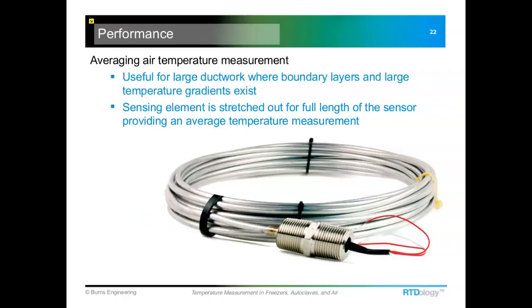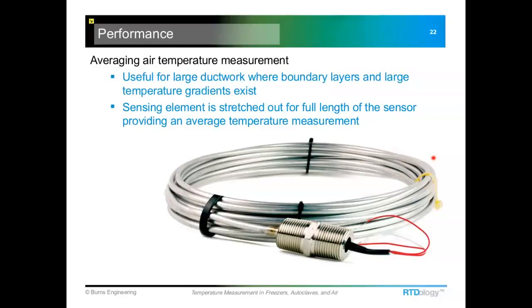Now, for situations where you want to do more than just a single point measurement, there are averaging sensors. What these are, if you can imagine, is a little coil of platinum wire just stretched out over the full length of this coil. I think this one happens to be probably about 50 or 60 feet long.